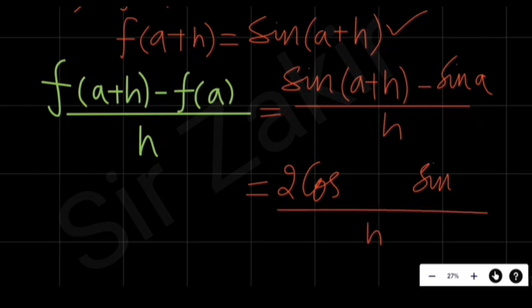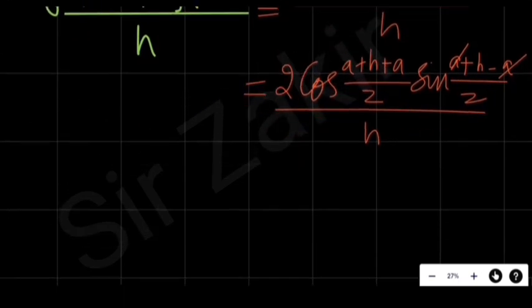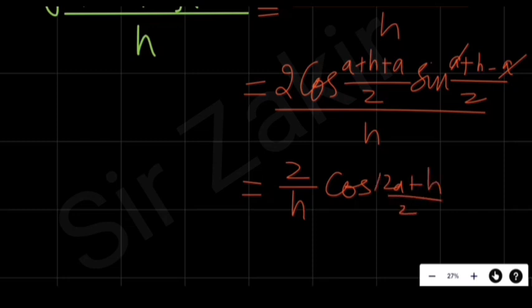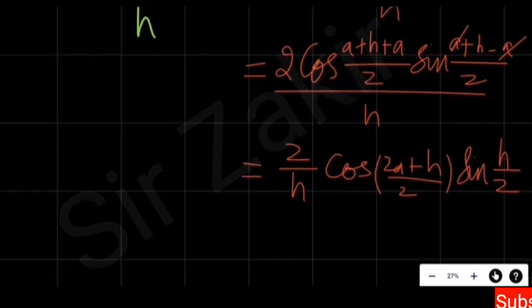But what will be the angle of cos? A sum of these two angles divided by 2. One is p, the other is q, p plus q by 2. For sine, p minus q by 2. Here a is cancelled. It can be written as 2 by h cos of 2a plus h by 2 and here sin h by 2.